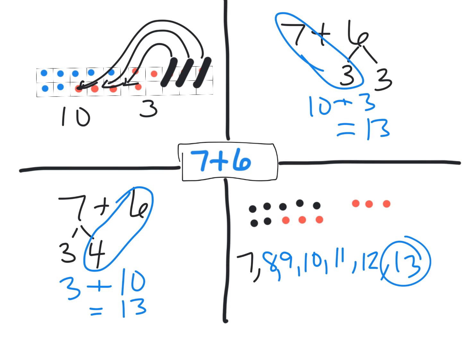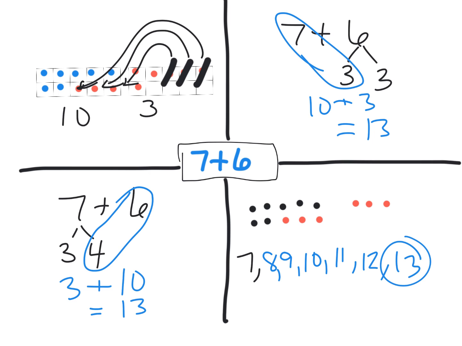So there's a whole host of ways that a student might use to solve this problem, and the point of a number talk is to allow students to express all the different ways they can solve the problem so that students can begin comparing and contrasting methods, as well as appreciating efficiency, although efficiency is not the goal of a number talk.